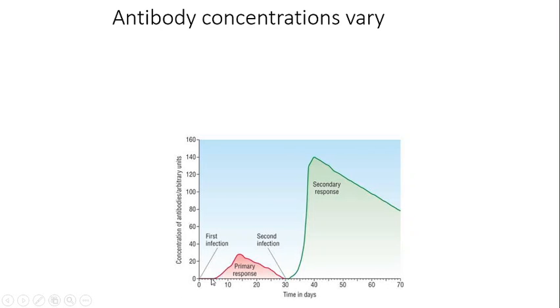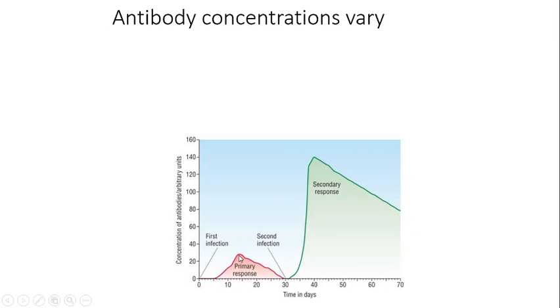Once they've selected the correct type of lymphocyte and we've had the clone expansion process, so they've divided by mitosis and then differentiated, the B plasma cells then will start to produce antibodies. But we don't get that many antibodies being produced in the first time we encounter an infection.